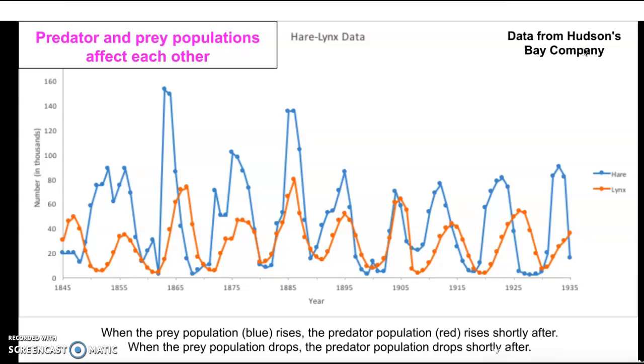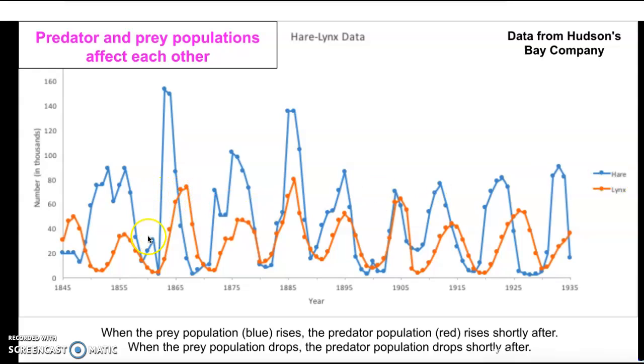Two of the animals in which they got furs from were hares and lynx. So hares are in blue on this graph and lynx are in red. A hare is kind of like a rabbit, and a lynx is related to a fox. So the predator would be the lynx and their prey would be the hare.